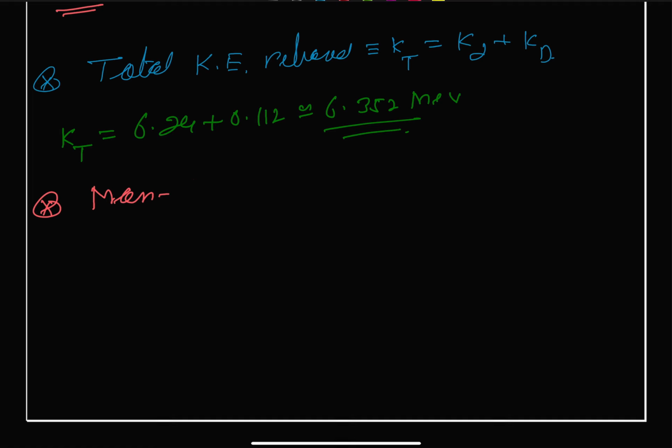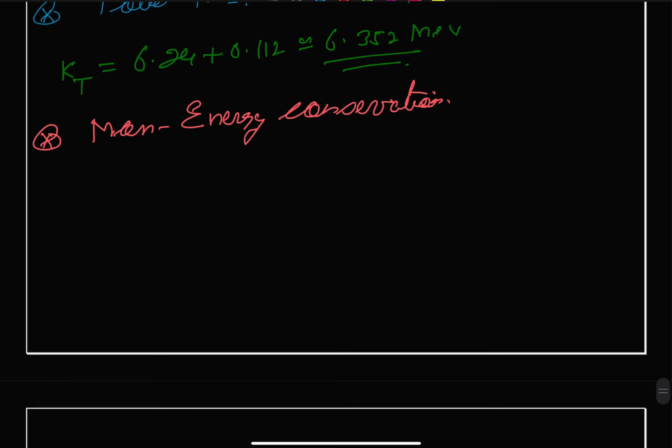Mass energy conservation: we can write that mass of parent c square is equal to mass of the daughter c square plus mass of the alpha c square plus total kinetic energy.